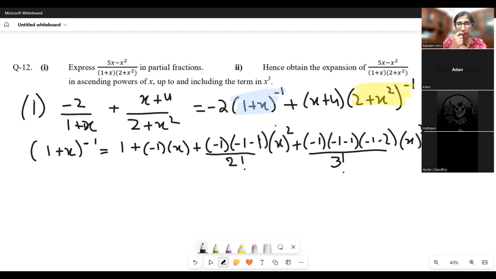Simplify this and also multiply it with minus 2 later. So we have 1 minus x, and minus 1 times minus 2 divided by 2 factorial is 1. So plus x squared.